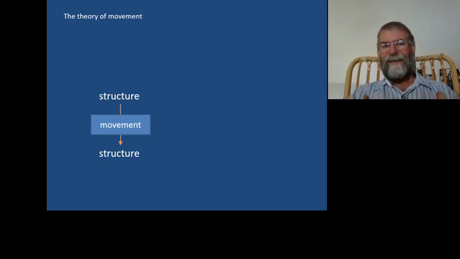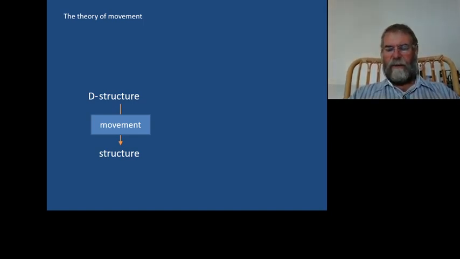So for every sentence, there are two levels of structural description. To separate these, we call them different names. The kind of structure you get prior to the movement happening, we call a D structure. The kind of structure that you get after the movement is called an S structure.